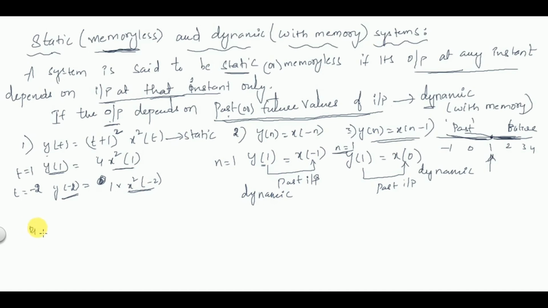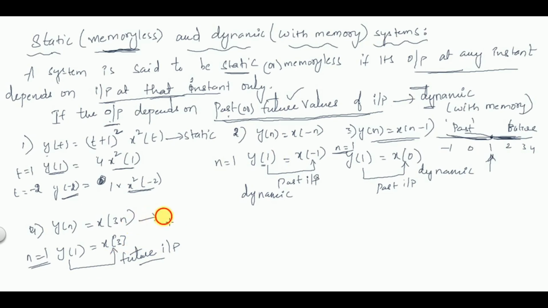Suppose y of n is equal to x of 3n. So y of 1 is x of 3. With respect to 1, 3 is a future value. Even if the output depends on a future value of the input, it is said to be a dynamic system only.